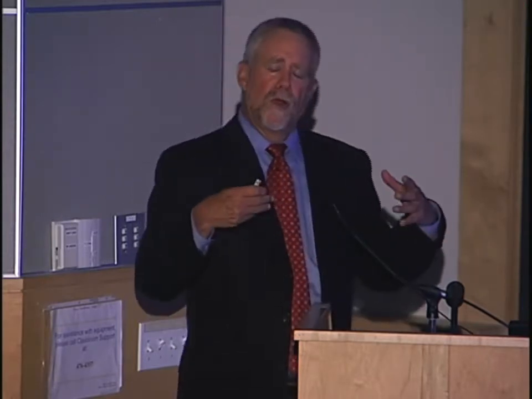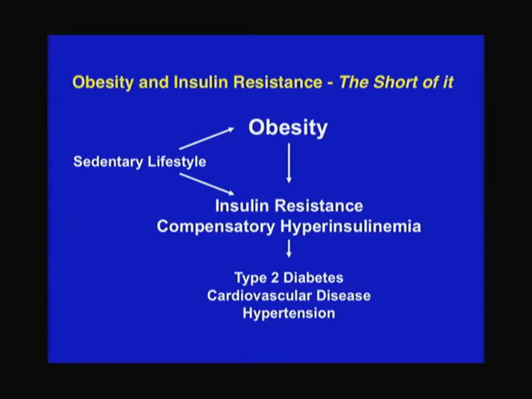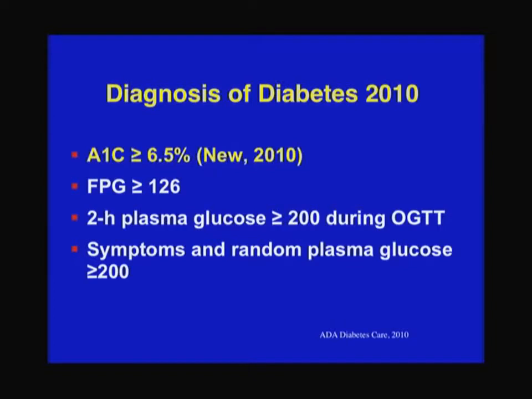It causes the pancreas to overcompensate, leading to high levels of insulin, and then eventually the pancreas wears out and develops type 2 diabetes: the inability of the insulin to control the blood sugar caused from our food. And that, of course, is associated with cardiovascular disease.